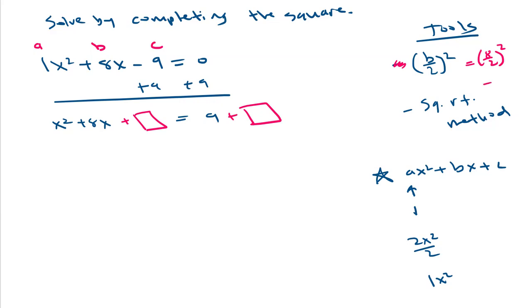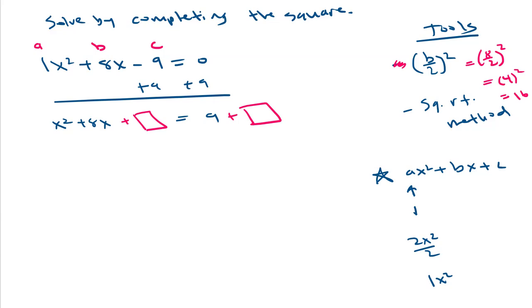So that's going to give us 4 over, let me rewrite that. That's 4 squared, and then that will give us 16. Okay. So in this case, I'm going to put 16 on both sides.